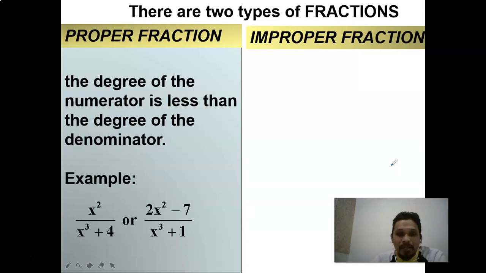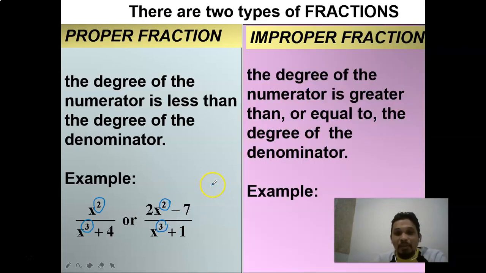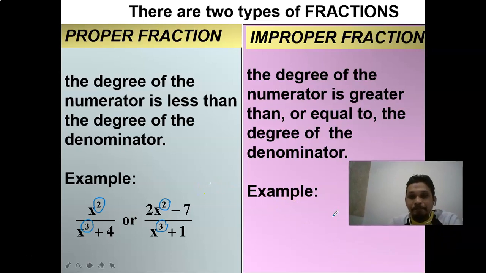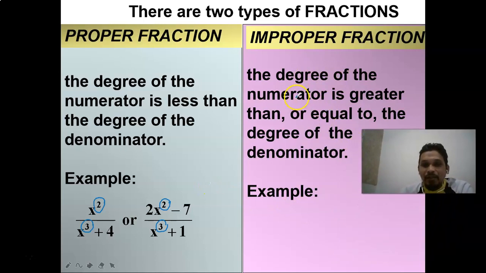In a proper fraction, the degree of x in the numerator is less than the degree of x in the denominator. In an improper fraction, the degree of the numerator is greater than or at least equal to the degree of the denominator.